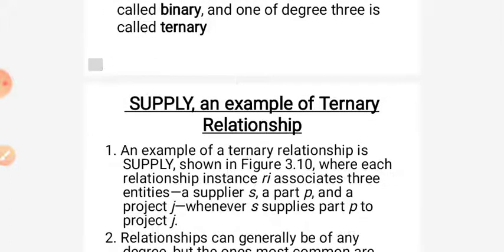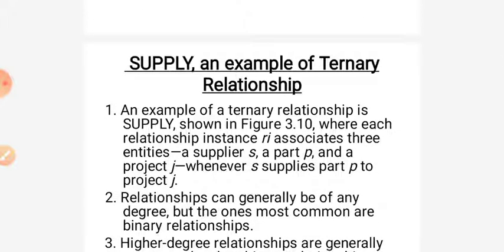Now let us take one example of ternary relationship, that is supply. An example of ternary relationship supply is shown in figure 3.10, that will come in the next slide, where each relationship instance Ri associates three entities: a supplier S, a part P, and a project J, whenever S supplies part P to project J. So there are three entities.